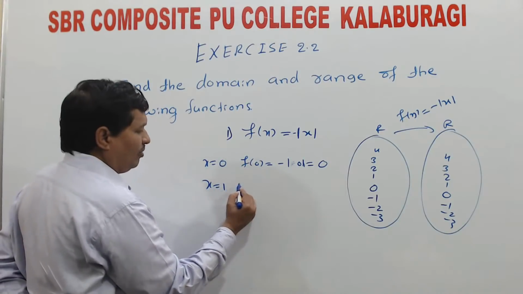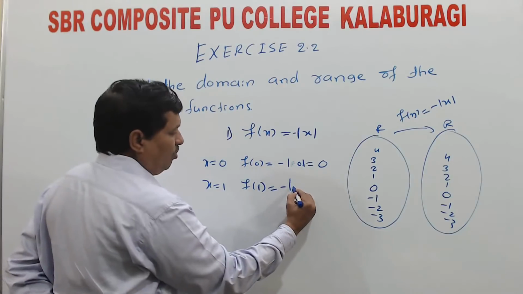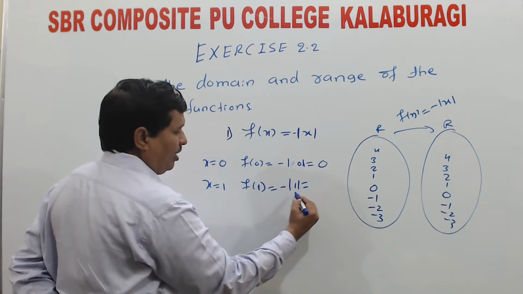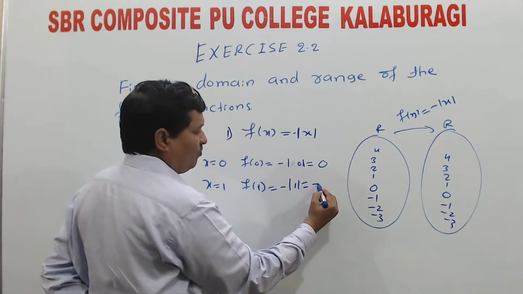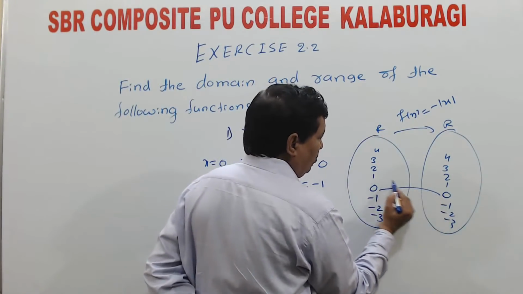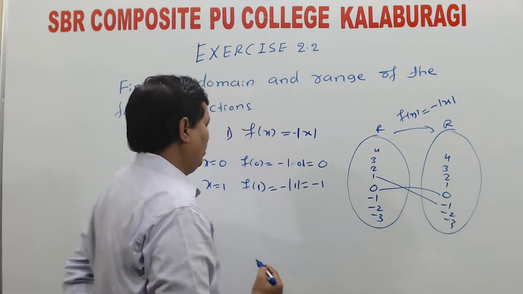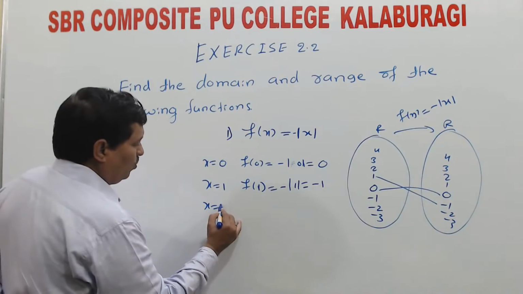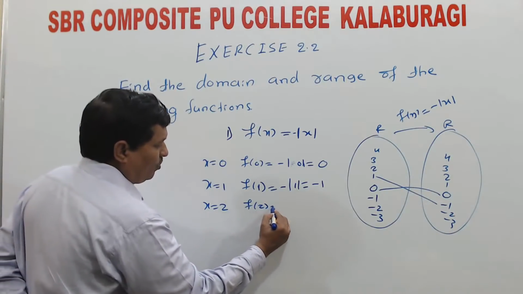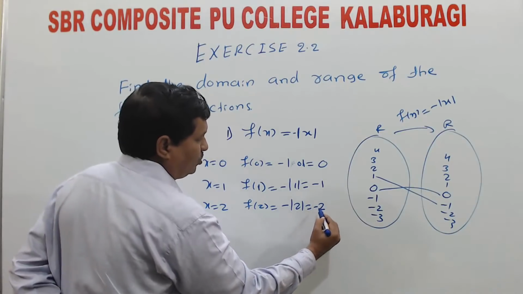x equal to 1, f of 1 equal to minus mod of 1. The absolute value of 1 is 1, therefore it is minus 1. It means 0 is related with 0, 1 is related with minus 1. x equal to 2, f of 2 equal to minus mod of 2 equal to minus 2.